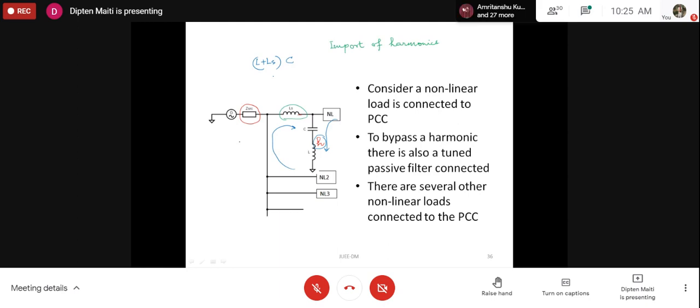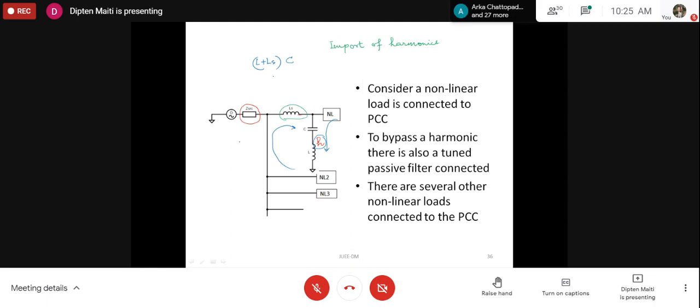Usually this LS is selected carefully; you cannot just select any LS. While selecting the LS, you need to keep an eye on the already existing LC filters there.